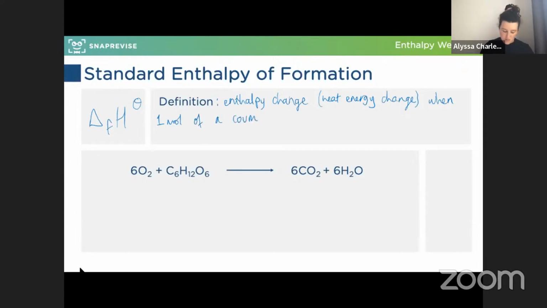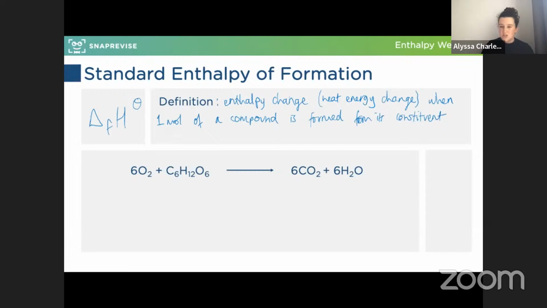Now it needs to be a compound because it needs to be made of more than one element. 1 mole of a compound is formed. You can say substance, but compound's more specific and a bit more accurate, though a substance would still get you the mark. 1 mole of a compound is formed from its constituent elements.